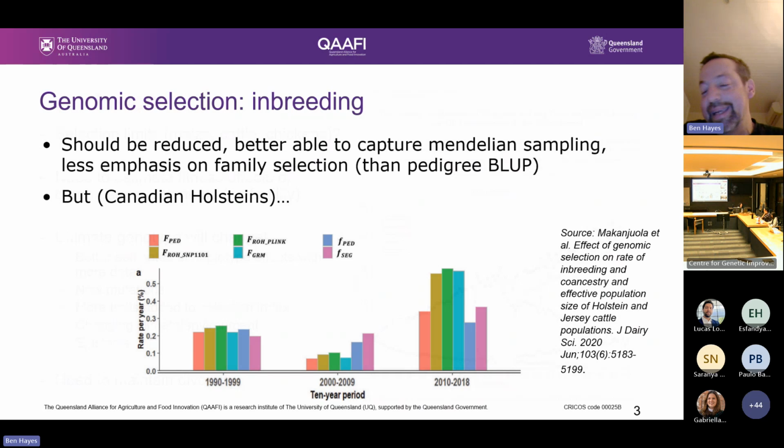And just to point out, and other people have pointed this out, particularly the CGIL group has demonstrated that under strong genomic selection, we're seeing an increased rate of inbreeding. This is Flavio Schenkel et al. demonstrating this in the Canadian Holstein population, that the rate of inbreeding had increased.